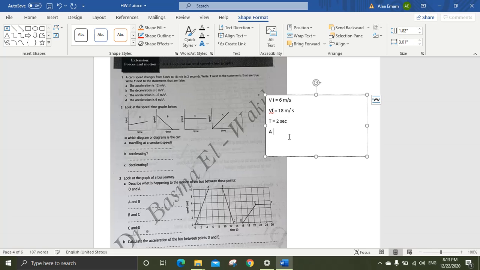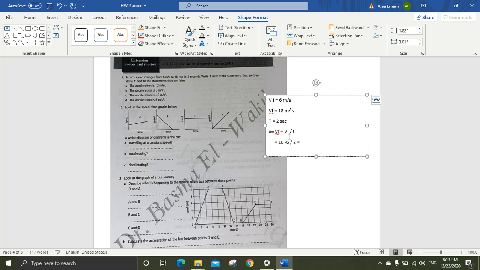To calculate the acceleration, a equals V final minus V initial divided by time. So V final is 18, minus 6, and divided by 2.